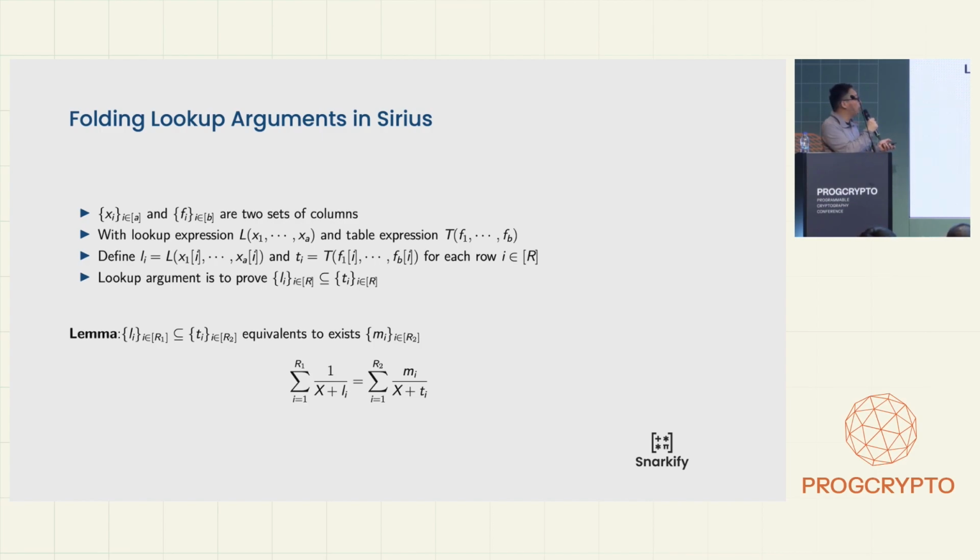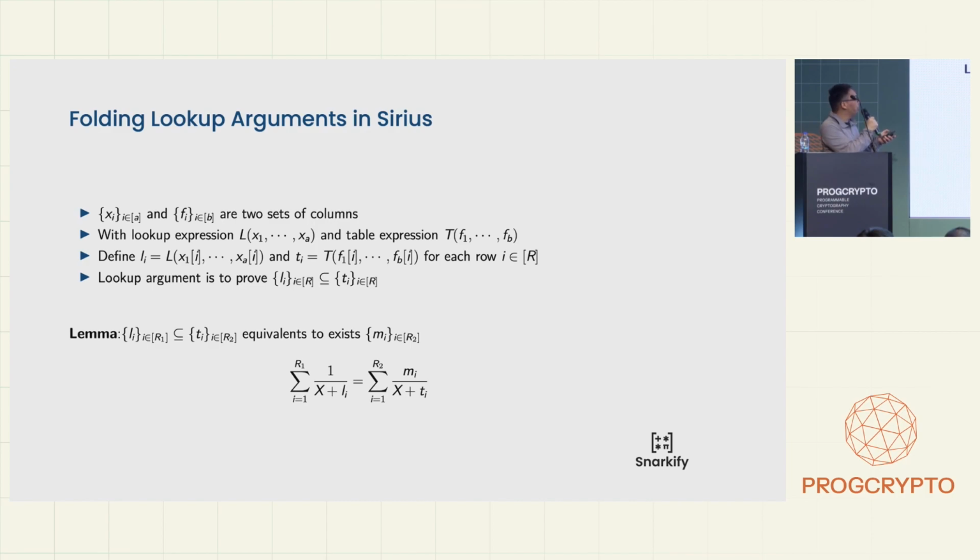The lookup expression is defined over advice columns, the x_i, and the table expression is defined over the fixed columns, f_i. There is also dynamic lookup that can be defined on the advice column, but in that case the folding of this lookup argument will be slightly different. So here we only explain the case where the table expression is just over the fixed columns.